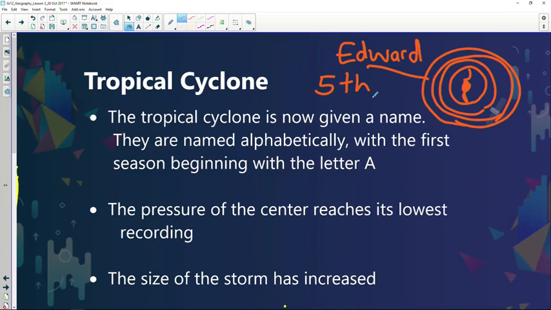Now, for instance, in 2017, we experienced Hurricane Harvey and Hurricane Irma. Very importantly, remember, tropical cyclones are exactly the same thing as a hurricane. Where do we call them hurricanes? In America.